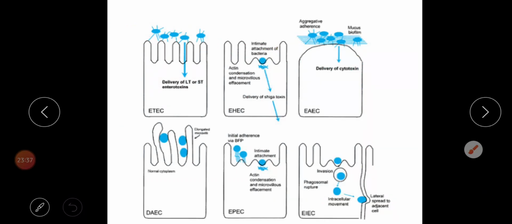So, in summary, this is the enterotoxigenic E. coli. They will liberate the enterotoxins.